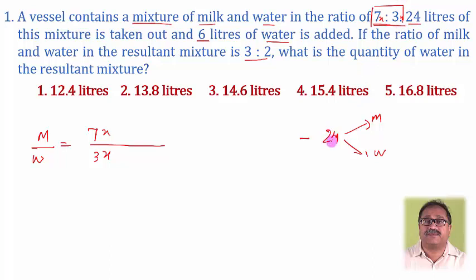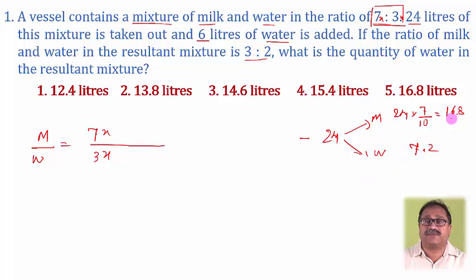So out of 24 liters, the milk will be 24 into 7 by 7 plus 3, that is 10, and this gives us 16.8, and the decimal comes over here. What about water? So 24 minus 16.8, or I can write it as 24 into 3 by 10.